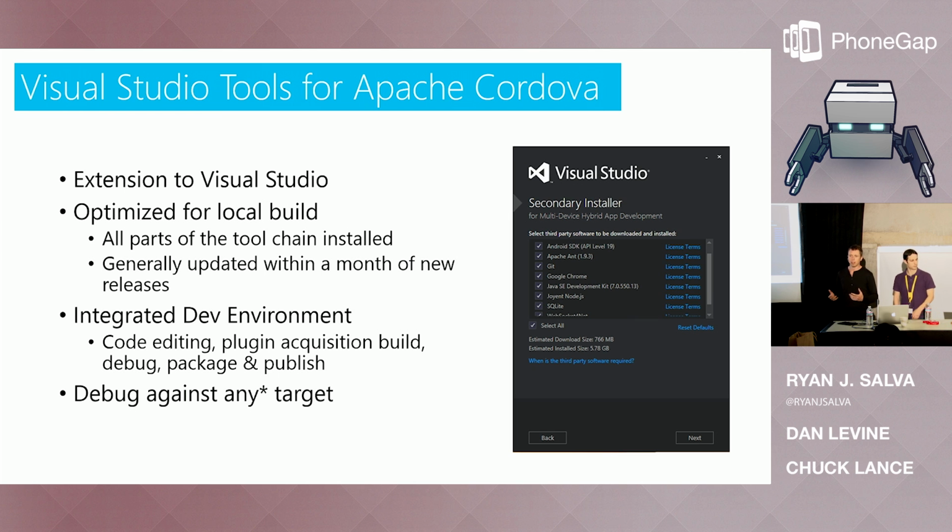We do the hard work for you and help you get it all installed on your machine so that you don't have to deal with the myriad versions and configurations that are possible. If you do want to use a remote build service, like the Intel SDK guys, they've got a remote build service. Obviously, PhoneGap has its remote build service. You can do that. It takes a little bit of extra work, but that is not what our tool is optimized for.